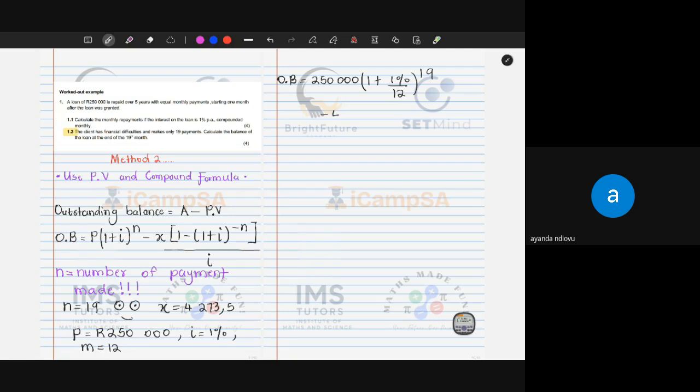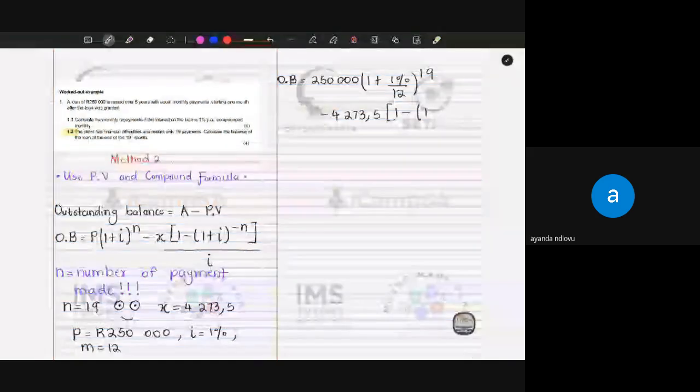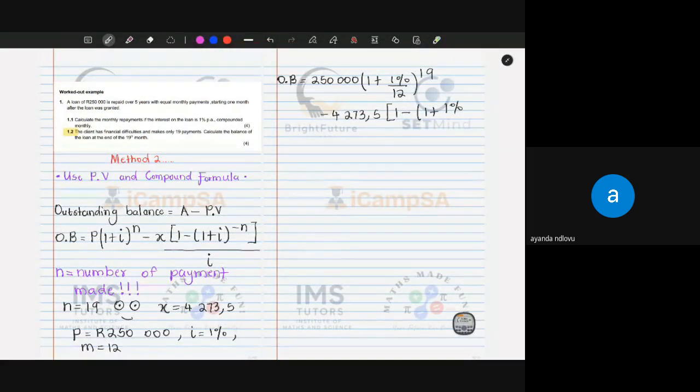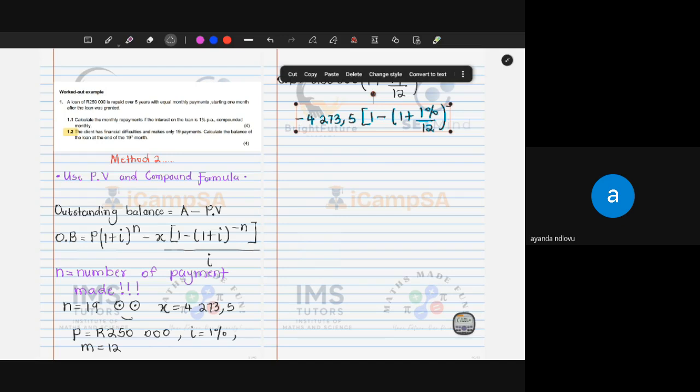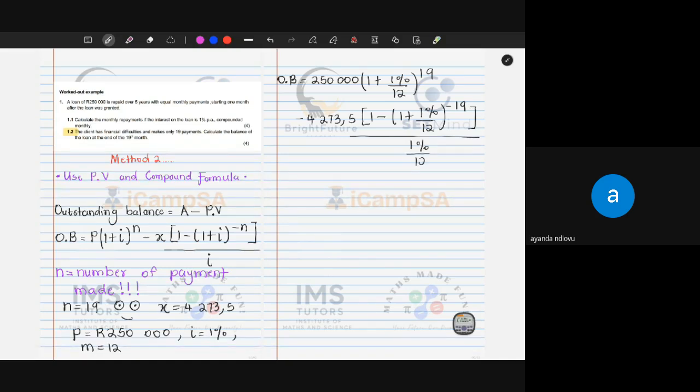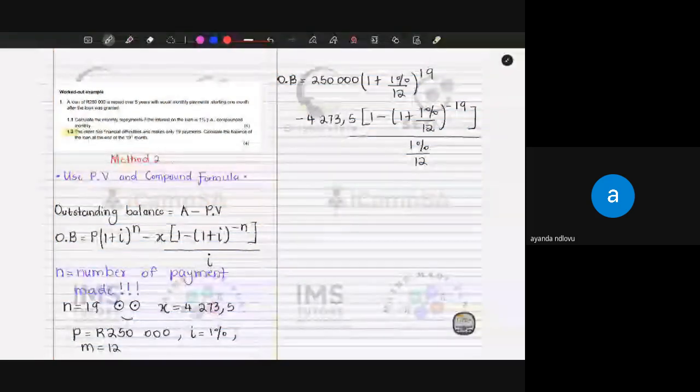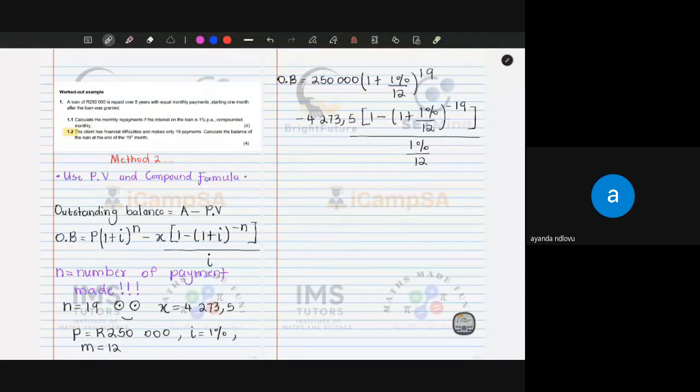Sorry, our x is 4,273.5 into, you guys should be using your calculators, 1 into 1 plus 1% divided by 12, all to the power of minus 19, like that, divided by 1% divided by 12. So what do we get as the answer, guys?